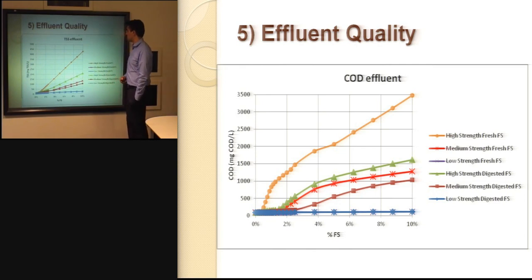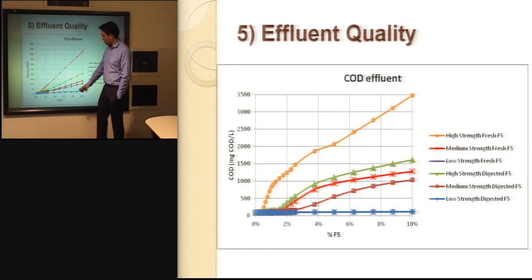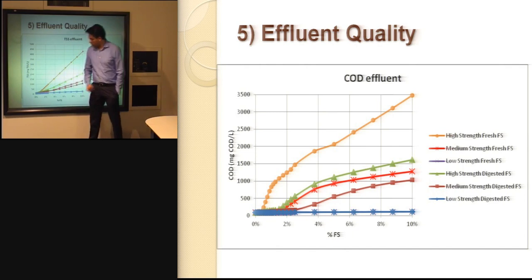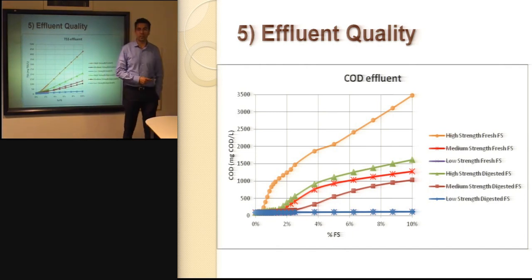Regarding the total solids concentration in the effluent, because of the very high accumulation of solids, the possibilities to have a high concentration of solids also leaving the treated effluent are higher and will likely reach more than 30, 40, up to 50 milligrams per liter with concentrations of 1 to 2% fecal sludge.